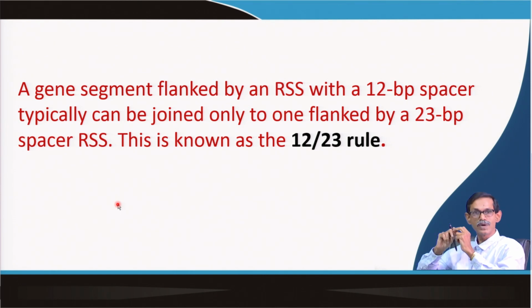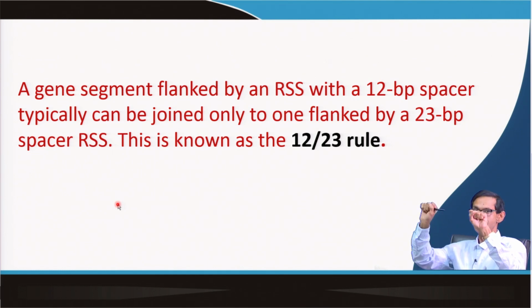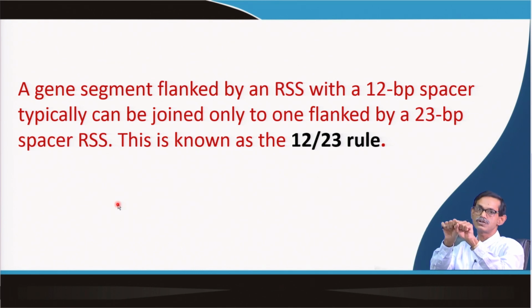The 12-23 rule is: a gene segment flanked by an RSS with a 12 base pair spacer typically can be joined only to one flanked by a 23 base pair spacer. That means, if one heptamer and another heptamer join together, then one heptamer should have a 23 nucleotide spacer, and the other heptamer should have a 12 nucleotide spacer, then only they can join.